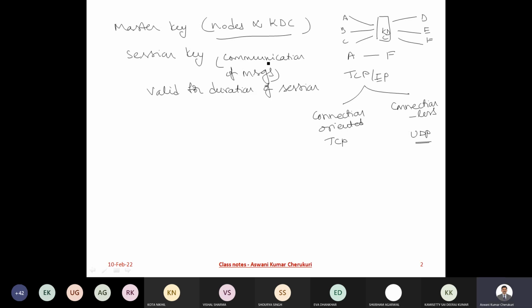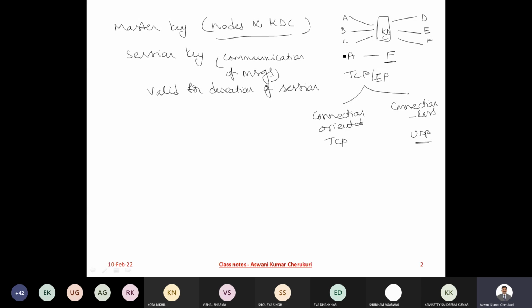Now this connection orientedness brings a security vulnerability. What is that? Imagine A wants to ensure that F does not talk to anyone else. Okay, so it is kind of a denial of service. Whatever service is offered at F is not served to anyone else.